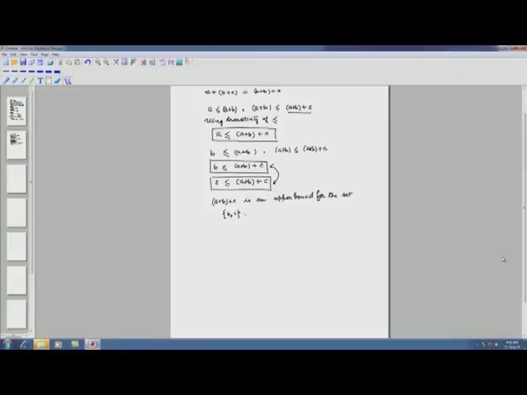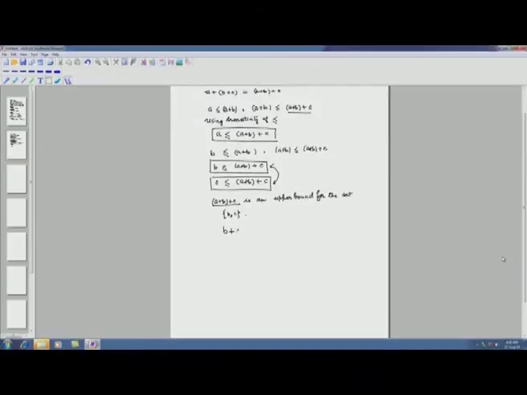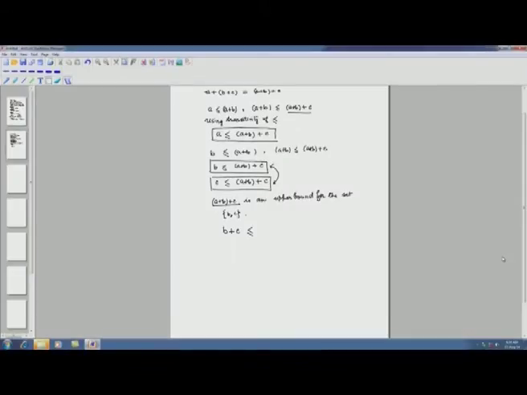Therefore, any least upper bound will be dominated by this upper bound. So, we know that the existence of the least upper bound of B and C is guaranteed, which we denote by B + C. Therefore, B + C will be less or equal (A + B) + C. Why?